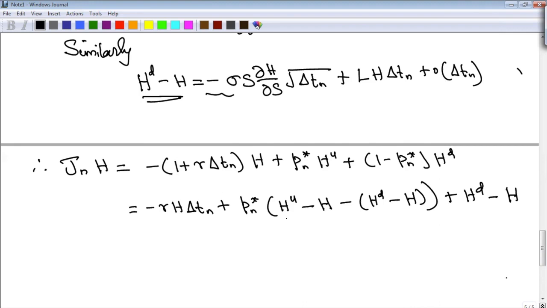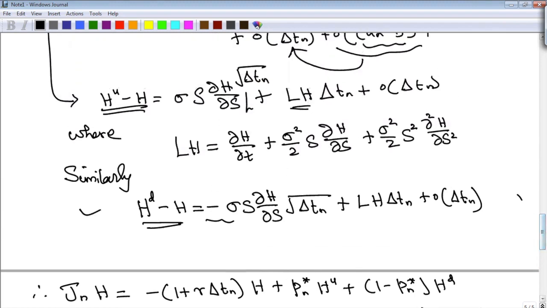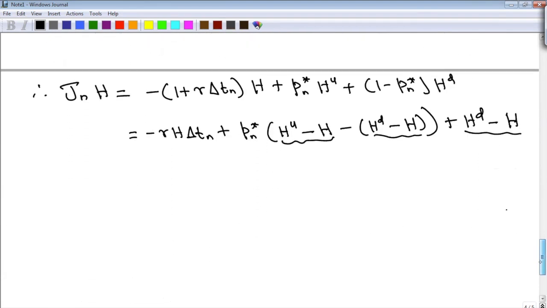So now you can see that you have hu minus h, hd minus h are there. So you can substitute these two equations for hu minus h and hd minus h.